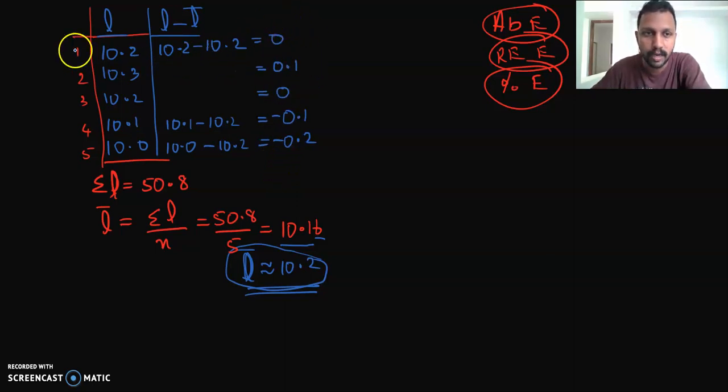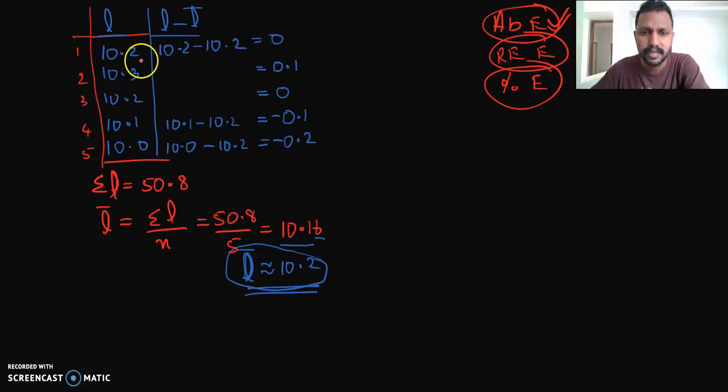These values are the absolute error of each. If you are asked to find out the absolute error of the first measured value, it is 0. What's absolute error?